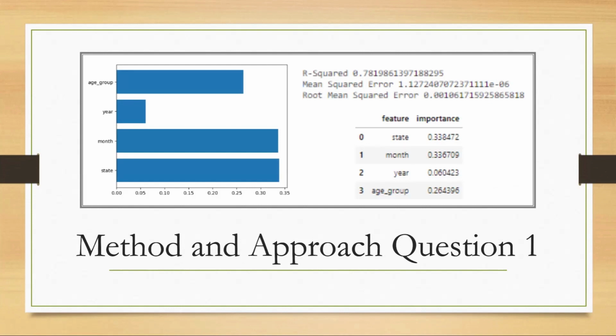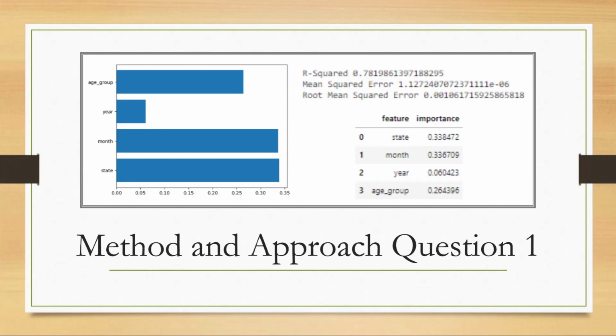You can see from the results that the random forest model utilizes the features age group, state, month, and year, and the model was high performing at predicting mortality rates with an R² of 0.78, which we all know means it explains 78% of the variation in the mortality rates just from using these features.